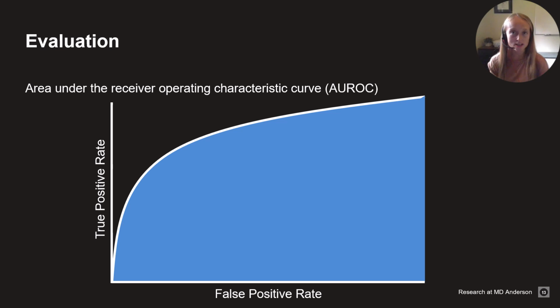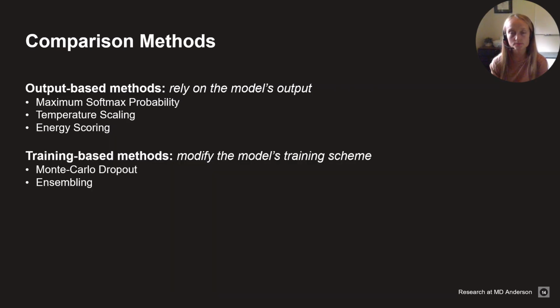We evaluated out-of-distribution detection with the area under the receiver operating characteristic curve, which we will refer to as AUROC. We use this metric as it is threshold agnostic. So this truly shows how differentiable the distances for the in-distribution and the out-of-distribution images are.